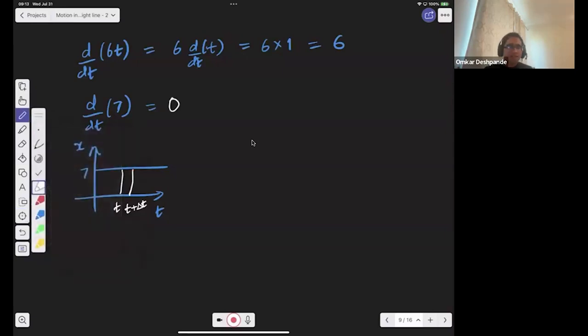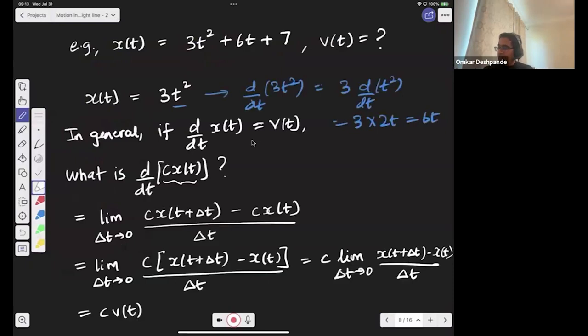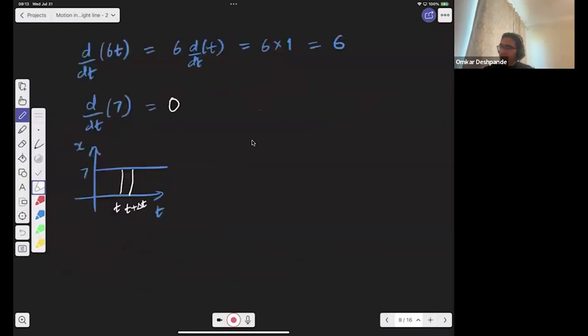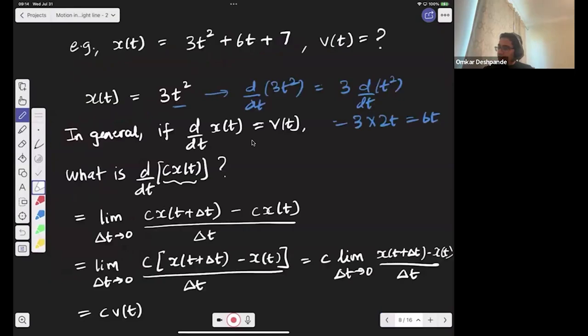The derivative of any constant function is always 0. Okay, so hopefully you see the pattern here of how to find the derivative of c times something.